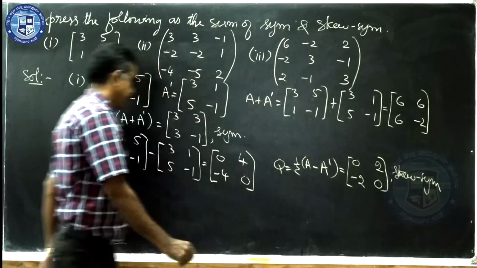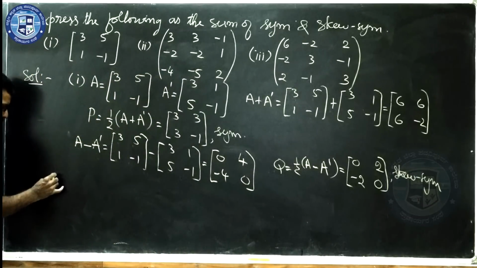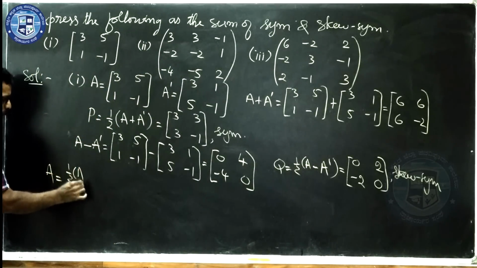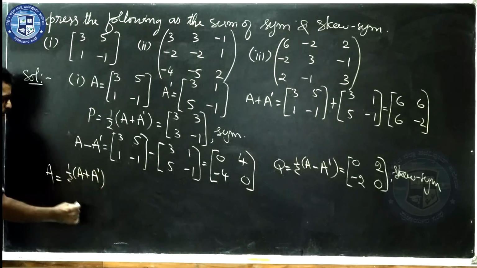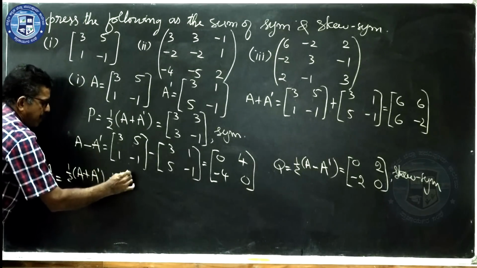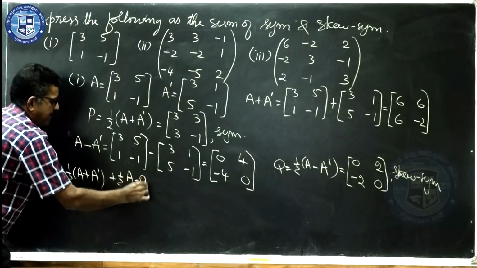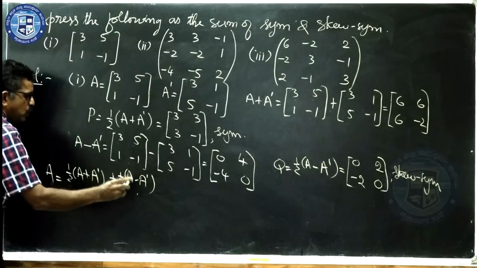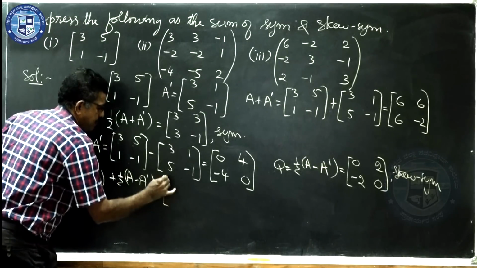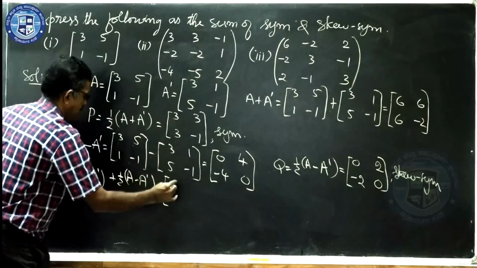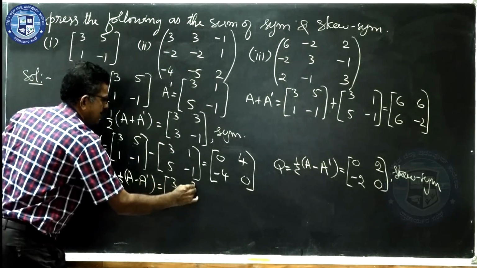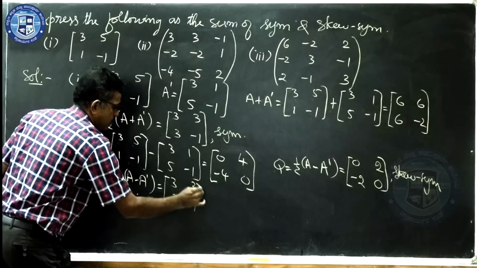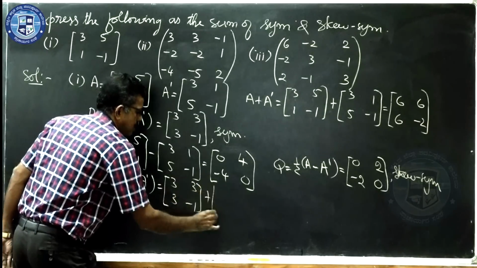Skew symmetric. And it is very important that we write the given matrix A as half of A plus A dash plus half of A minus A dash, or you may write capital A is equal to P plus Q. What is P? P is 3, 3, 3, minus 1, plus what is Q?